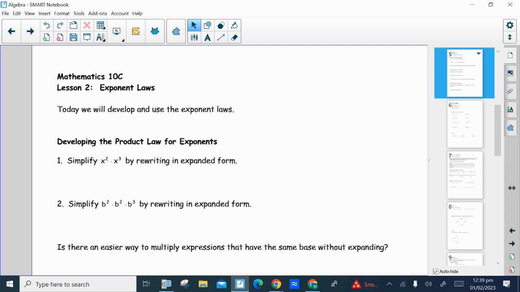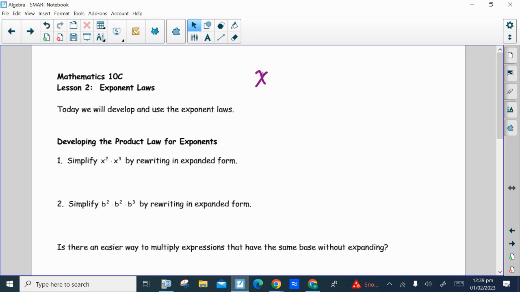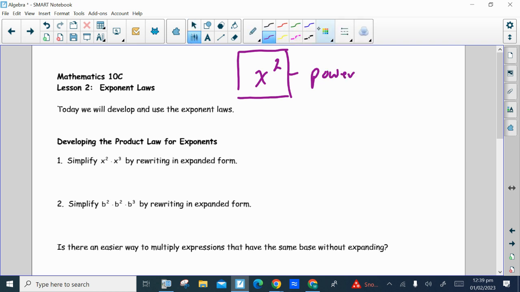So the laws of exponents. The laws of exponents are a way for us to simplify some expressions that involve exponents. So if you have something like x to the power 2, that is an example of a power. This whole thing is a power, and it is made up of two parts.